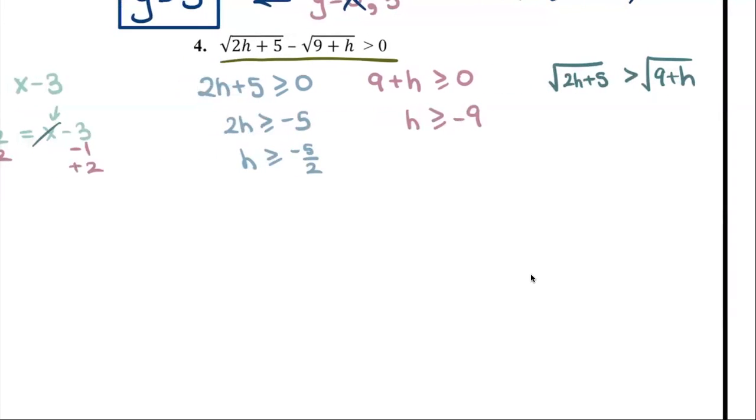Then I'm going to square both sides. So I get 2h plus 5 is greater than 9 plus h. I'm going to subtract the h, subtract the 5, and I get h is greater than 4. All right, let me take a pause. Any questions so far?